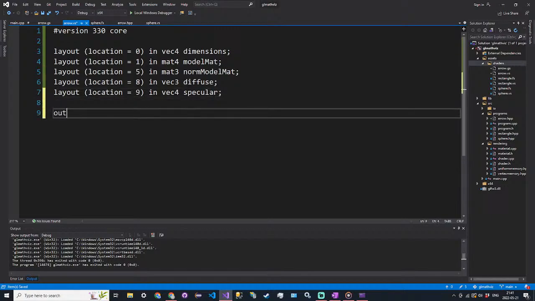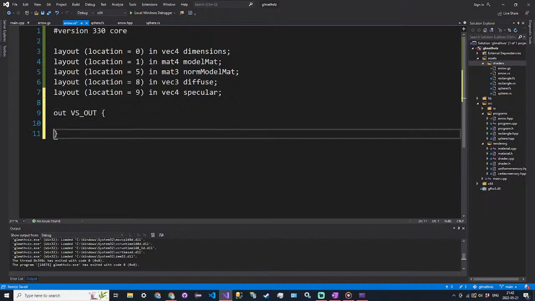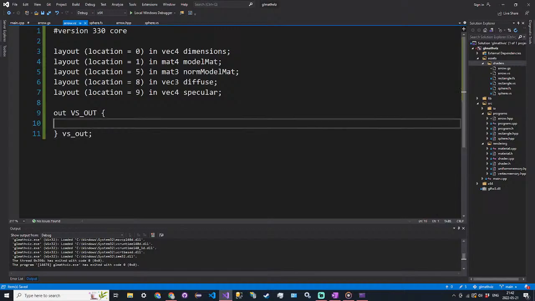And then we're going to output to the geometry shader, so out vs out. So we want to send enough information to the geometry shader so that it can effectively, why didn't I use my math library? I definitely could have. GLM just makes things so much easier.